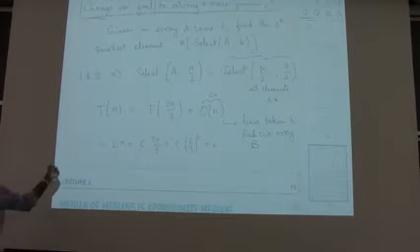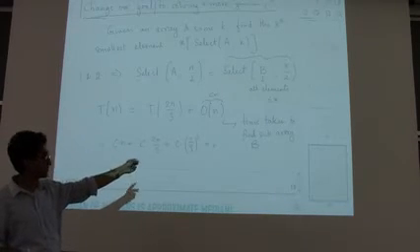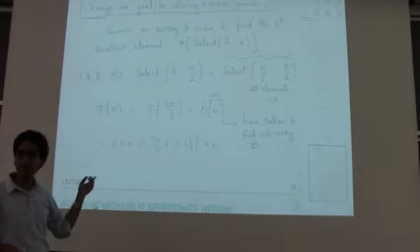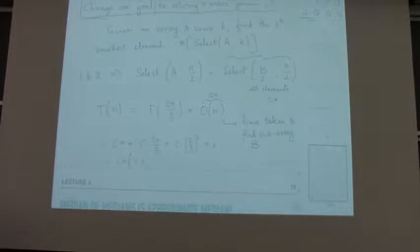This is a geometrically decreasing sequence where the ratio is less than 1, and this adds up to a constant. So this is c times n times (1 plus 2/3 plus 2/3 squared plus 2/3 cubed plus so on), and this is some constant c prime times n.